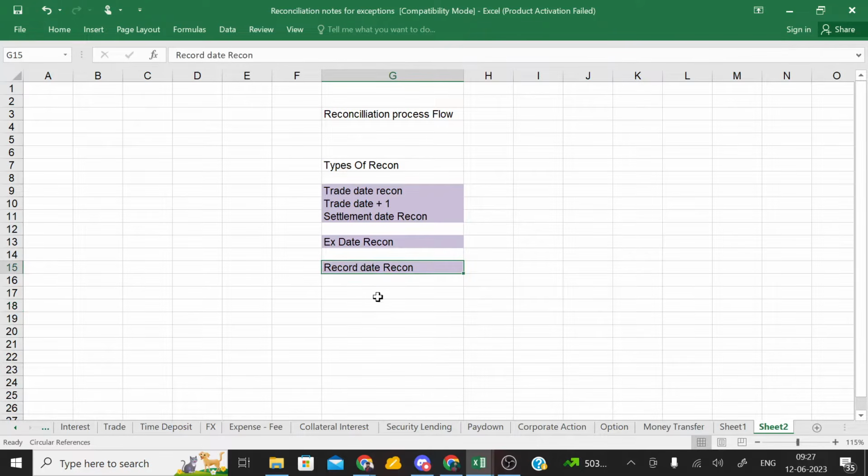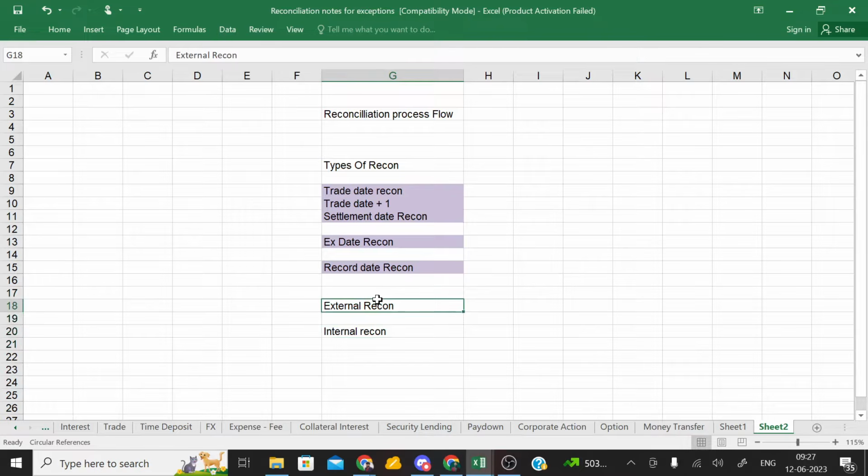All right. So record date, ex-date. There would be other different types also. You might see external reconciliation and internal reconciliation.